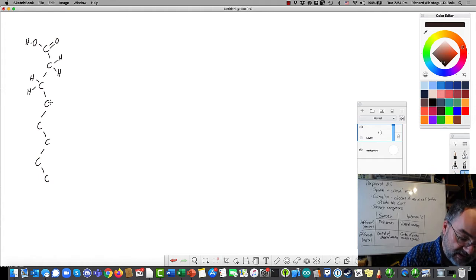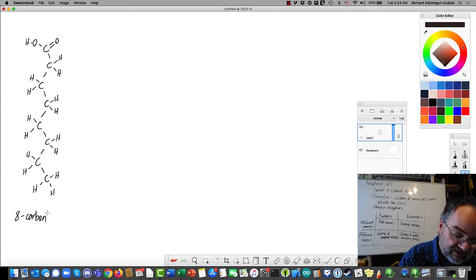So what I'm drawing here would be considered a saturated fatty acid because every carbon has as many hydrogens on it as possible. So this would be considered an 8-carbon saturated fatty acid.